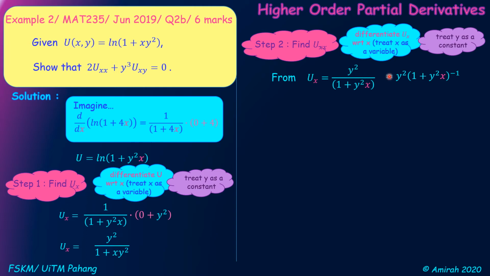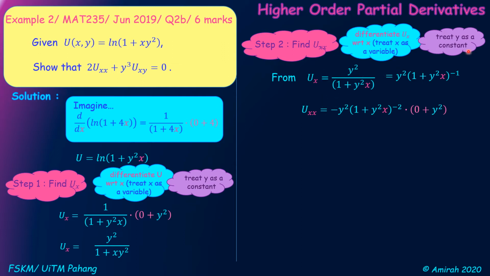So from here, we get y² times (1 + y²x)^(-1). And remember, y² here means constant. So every time we have a constant times a bracket to the power of any value, we can differentiate using the generalized power rule. So when we differentiate u_x with respect to x, the symbol is u_xx. Okay?